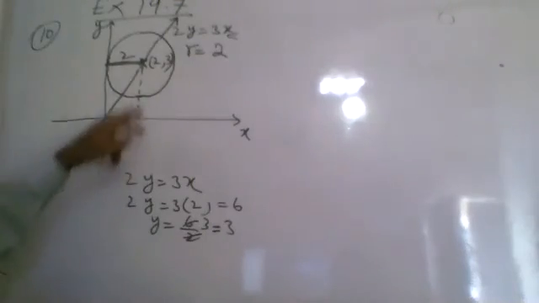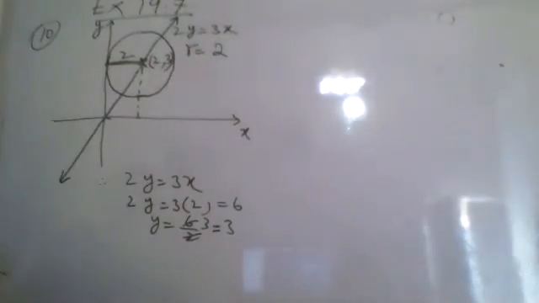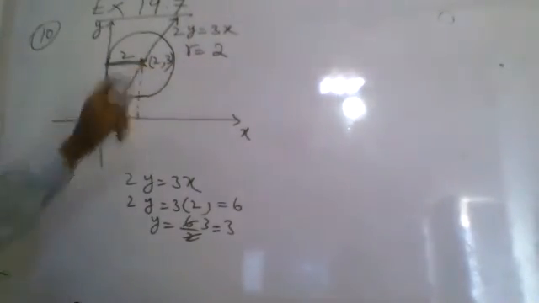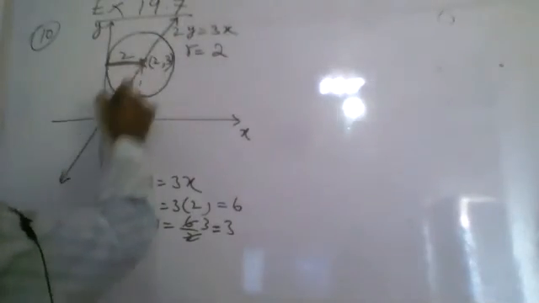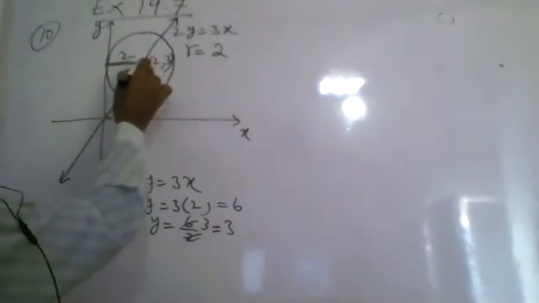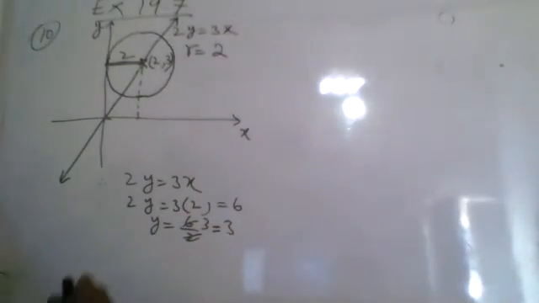So for the y coordinate, we will use the equation 2y is equal to 3x to find the y coordinate at this point on the line. When x is 2 on this line, y will be found by the equation, that is 3.